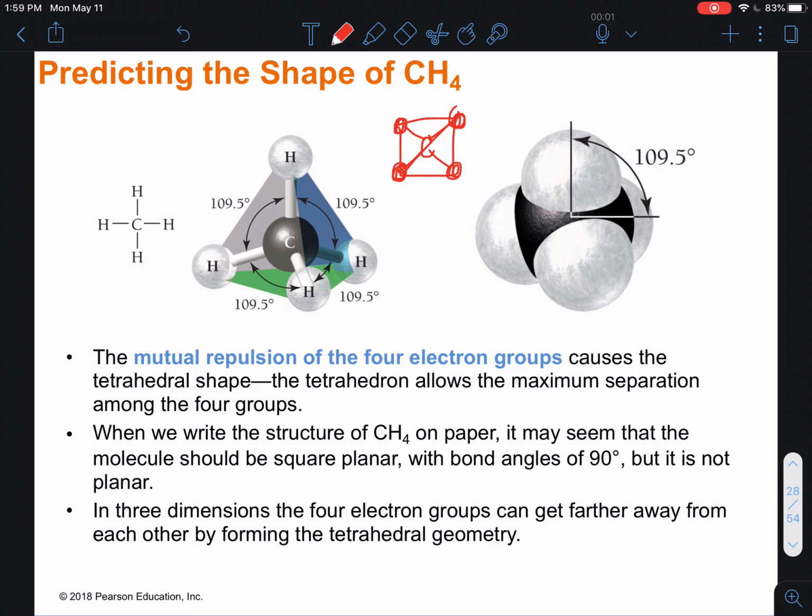If we were to rotate it on its side, it would be flat, but that doesn't make sense because the bond angles would be 90 degrees. So naturally, methane is going to adopt the tetrahedral shape because 109.5 is definitely greater than 90 degrees. In 3 dimensions, the 4 electron groups can get further away from each other by forming the tetrahedron geometry.